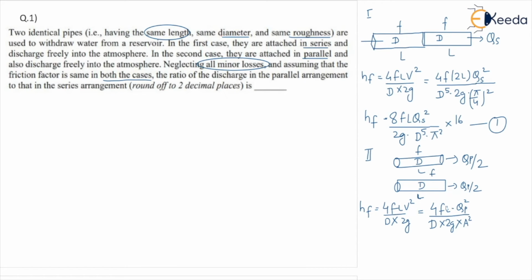V square is Q by A, but here it is QP by 2. What is the discharge here? Velocity is discharge by area. Discharge is here QP by 2. So 4 will come in the denominator.